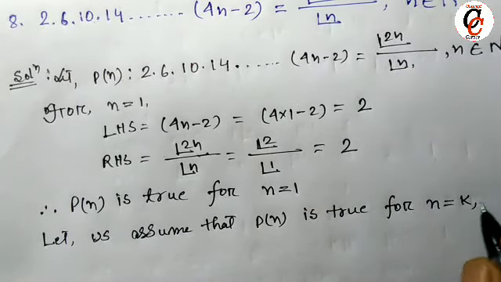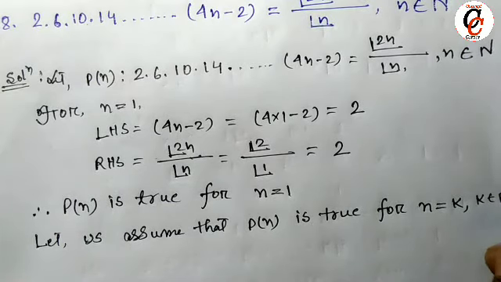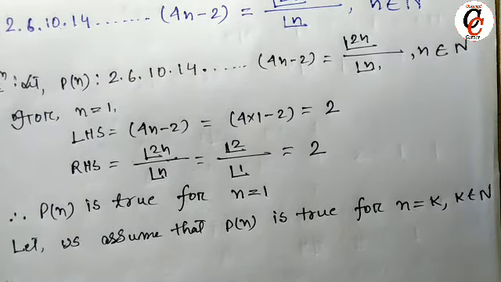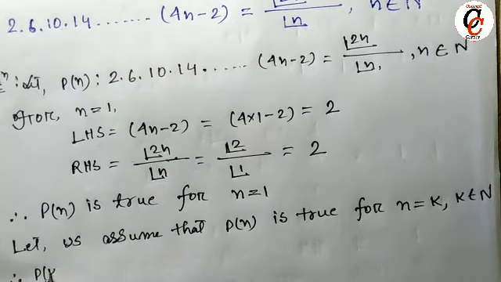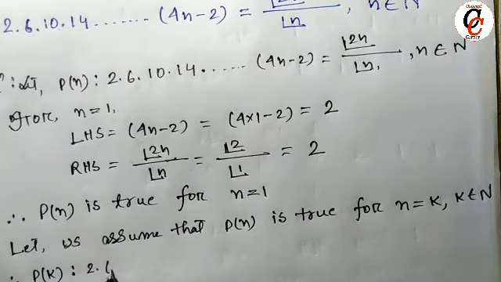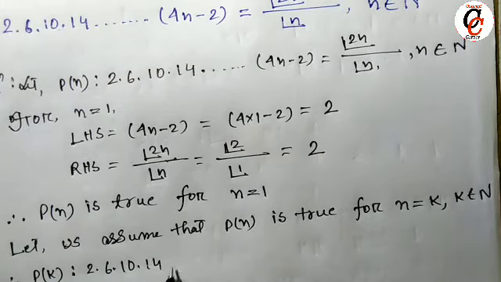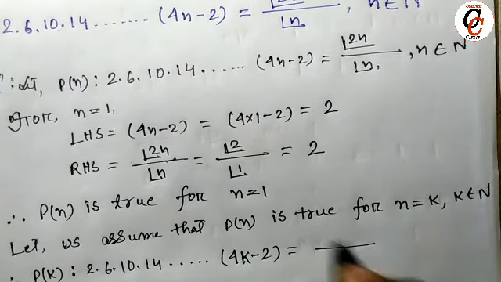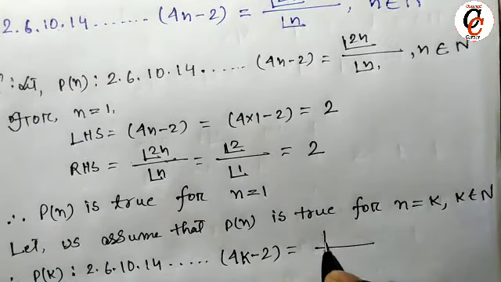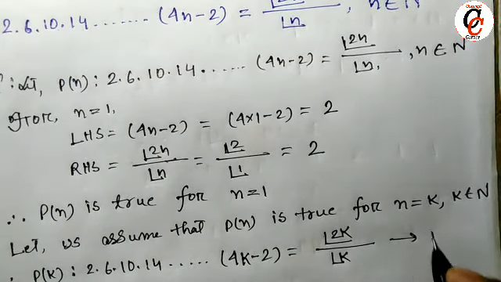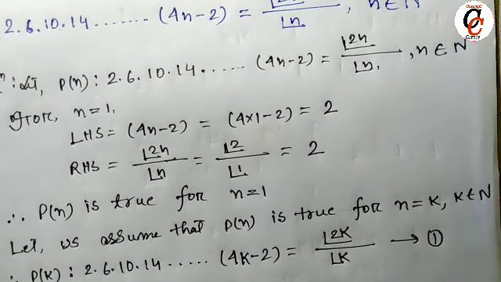What is k here? k belongs to N. So what can we write? Therefore Pk: 2 into 6, 10, 14 up to 4k minus 2, in place of n we have to put k, is equal to factorial twice k by factorial k. Suppose it is 1.